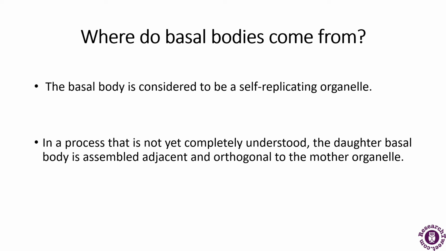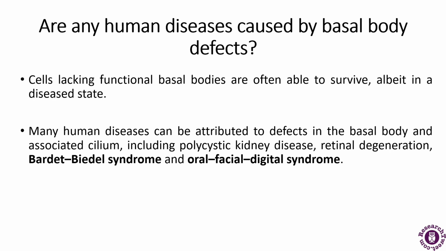In addition, two other variations of basal body biogenesis have been observed. First, the basal body can be assembled using a de novo pathway that does not require a mother organelle, and second, centrioles can migrate from the nucleus to the plasma membrane and assemble a cilium, thereby becoming a basal body. So this is where basal bodies come from.